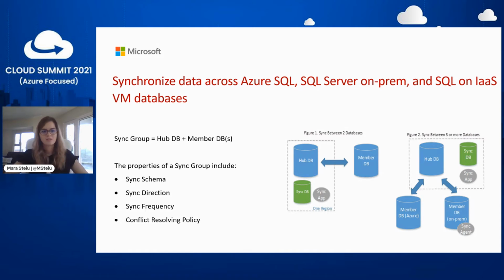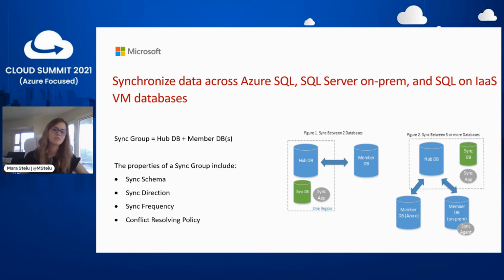And the whole concept of sync revolves around this idea of a sync group, which consists of a hub database and potentially one or more member databases. So the one requirement is that your hub database is always an Azure SQL database. However, your member DBs can be either on Azure SQL DB or on SQL Server on-prem, for instance. So it doesn't really matter where your member DB is. However, hub has to always be on your Azure SQL DB.